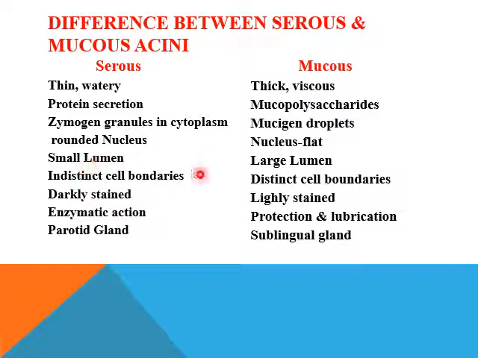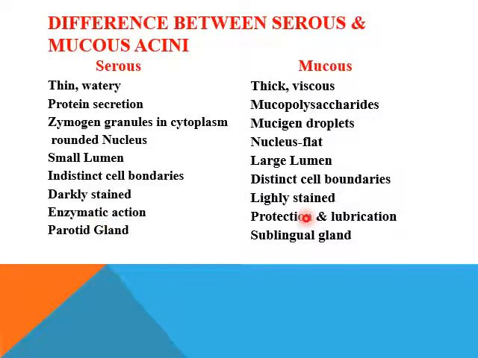Small lumen here, while there is a large lumen. Indistinct cell boundary, not appearing well in histological picture as we saw before, while here there are distinct cell boundaries, darkly stained, and this is light stain because this contains more protein, while here it contains more carbohydrate.